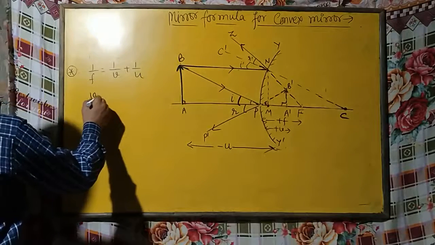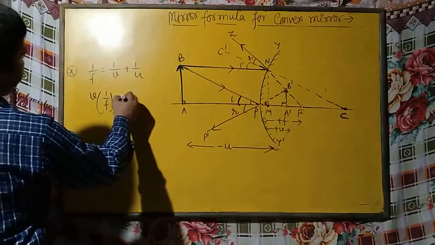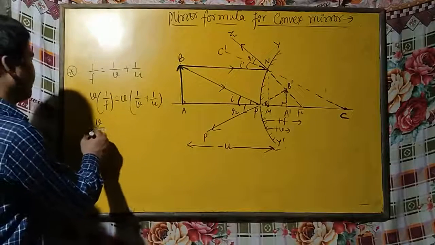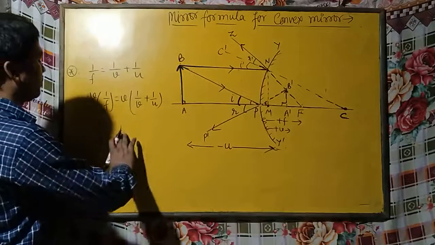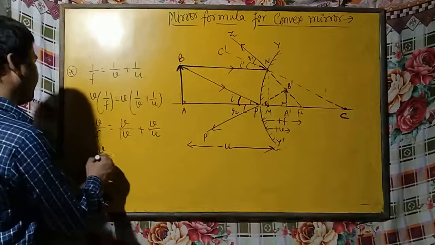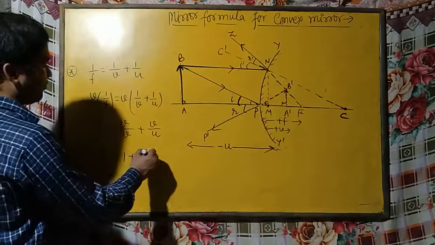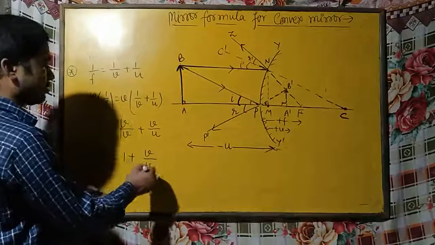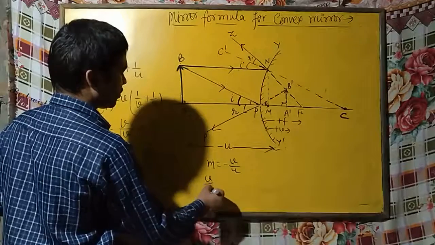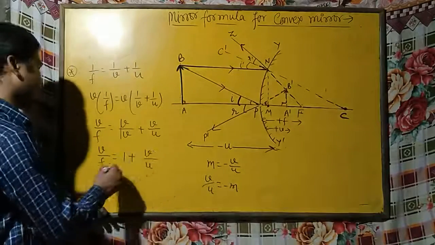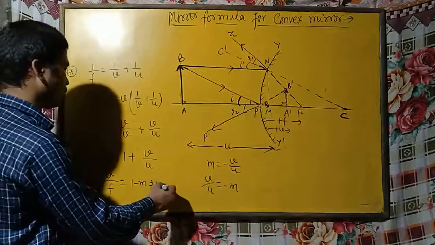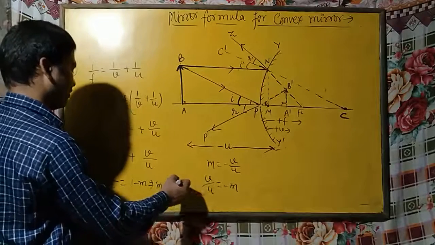Now multiply both sides by V. So V by F is equal to 1 plus V upon U. Now since we know that M is equal to minus V by U, you can write V upon U is equal to minus M. So this becomes V by F is equal to 1 minus M. This implies that M is equal to 1 minus V upon F.